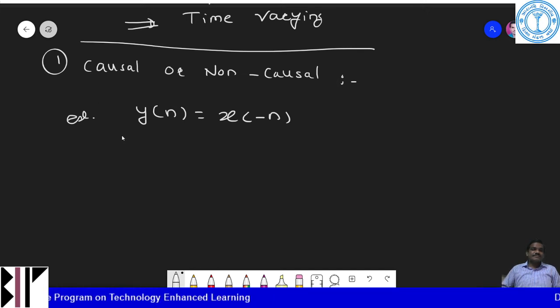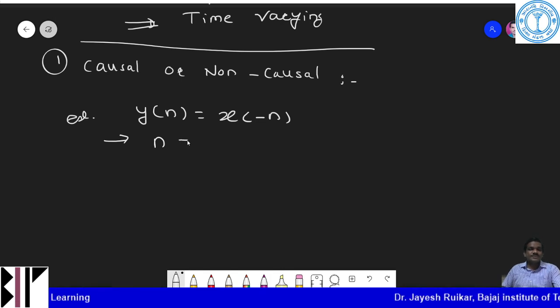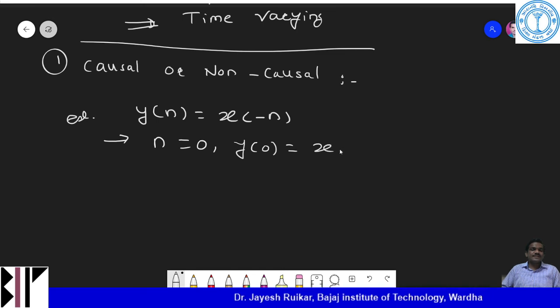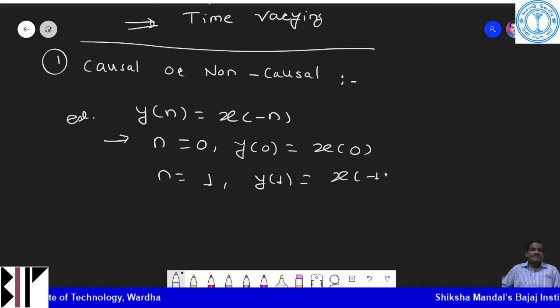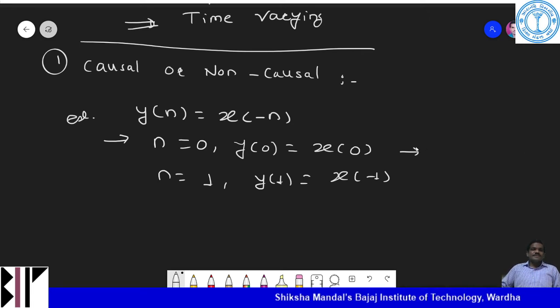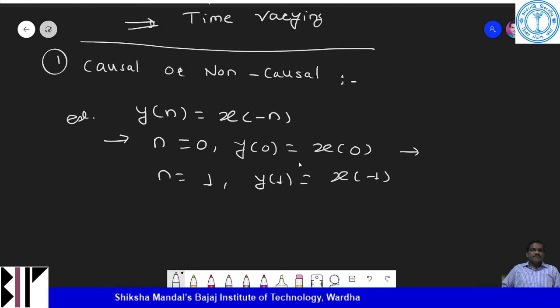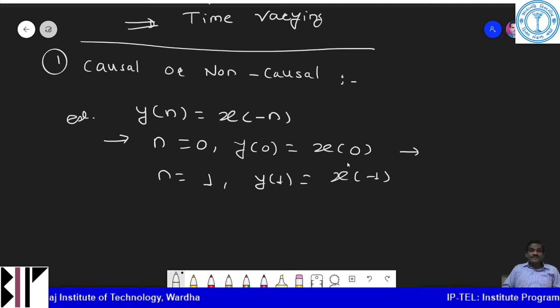Now put n is equal to 0, so we get y of 0, which is equal to x of 0. Put n is equal to 1, we get y of 1, which is nothing but x of minus 1. When n is equal to 0, at present input we get the present output.